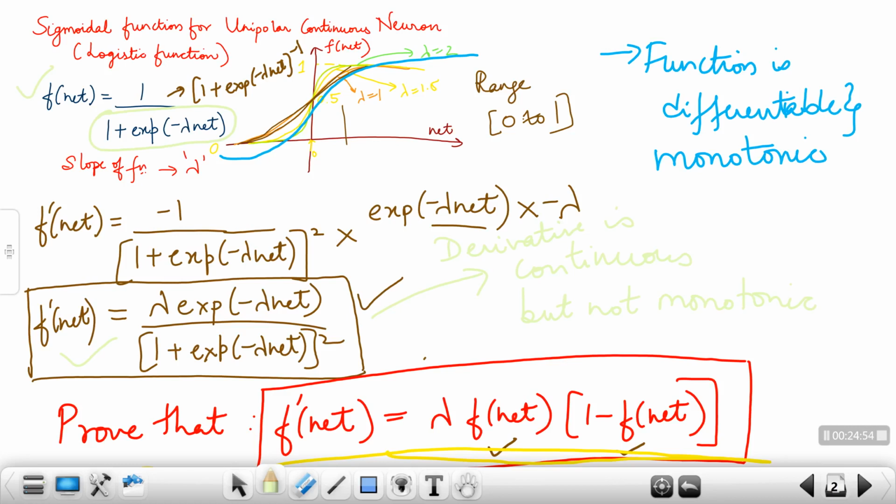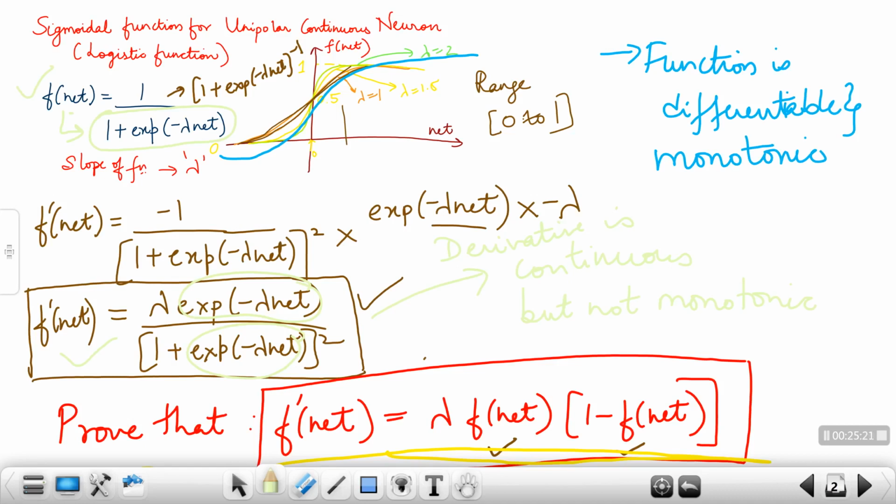Because of that, it is inversely proportional to the exponential of net in the denominator, but in the numerator it is directly proportional. So it is not a continuously increasing or decreasing function. It is a complex relationship between net and f of net.